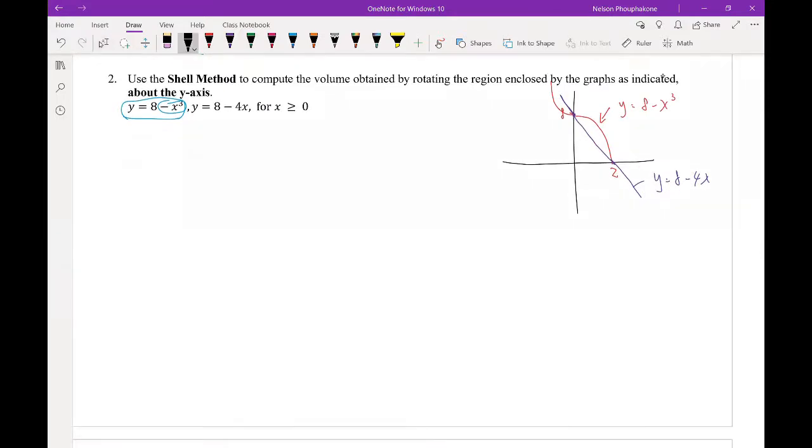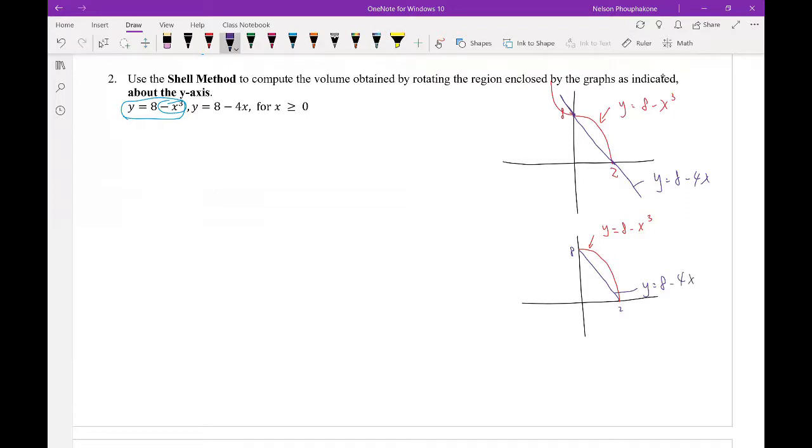Now let us simplify this graph right here. Again, this function is y equal to 8 minus x to the power 3, and this one is y equal to 8 minus 4x.